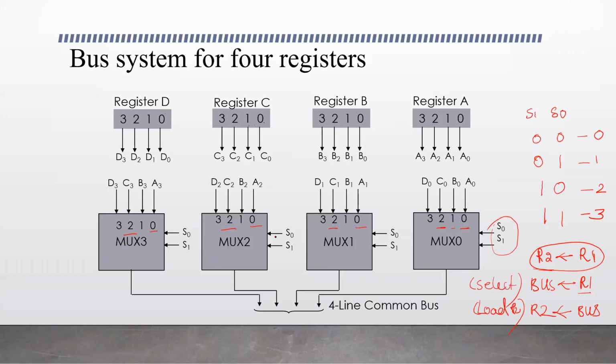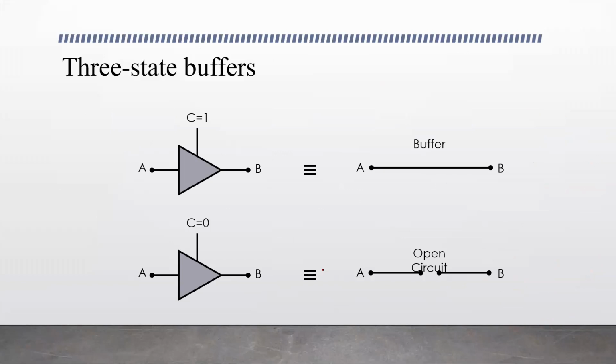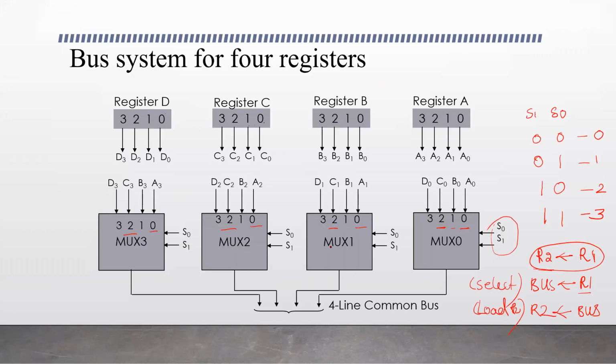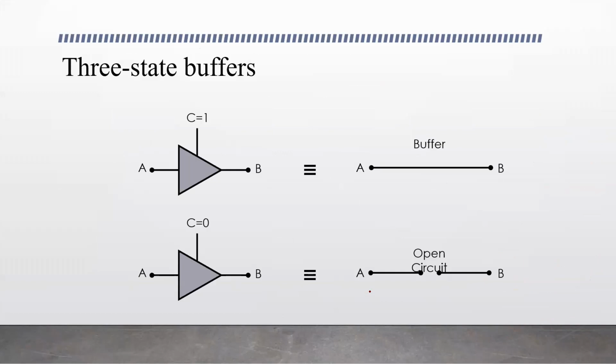And here we have also seen another way of constructing the common bus system, using 3-state buffers. Here we used multiplexers, and the same can be constructed using 3-state buffers. A buffer usually has 2 states, 0 or 1, depending on the input given to the buffer. If the input is 0, the output state will be 0.